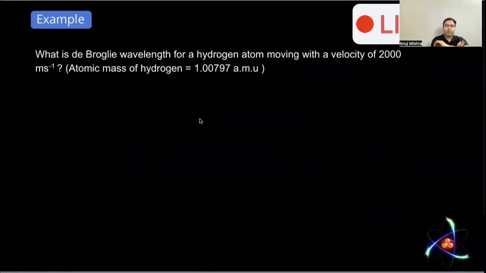Try this question. What is the de Broglie wavelength for a hydrogen atom moving with a velocity of 2000 meters per second?